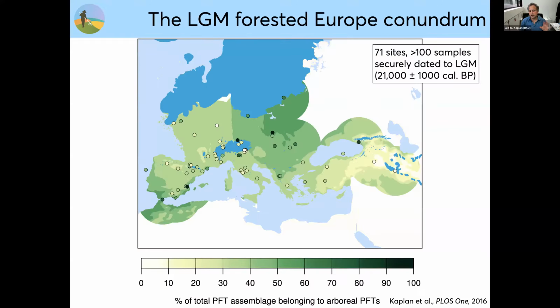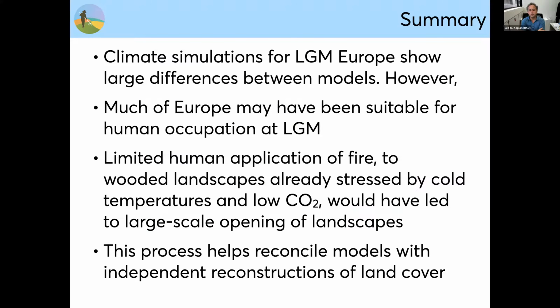And we have some independent evidence from new analysis of pollen data to suggest that this was potentially reasonable. And so, as I mentioned, these climate simulations show large differences between models, but much of Europe may have been suitable for human occupation.